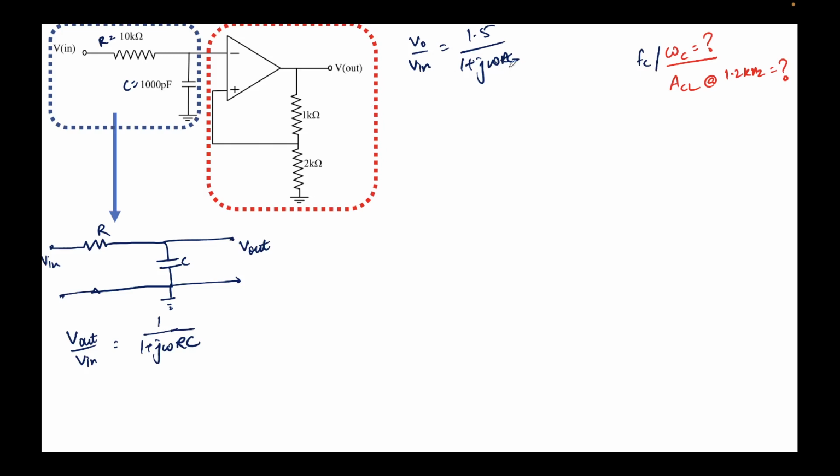Cutoff frequency, or 3 dB frequency, both are the same term, is defined as when the gain becomes 1 by root 2 times the maximum gain.